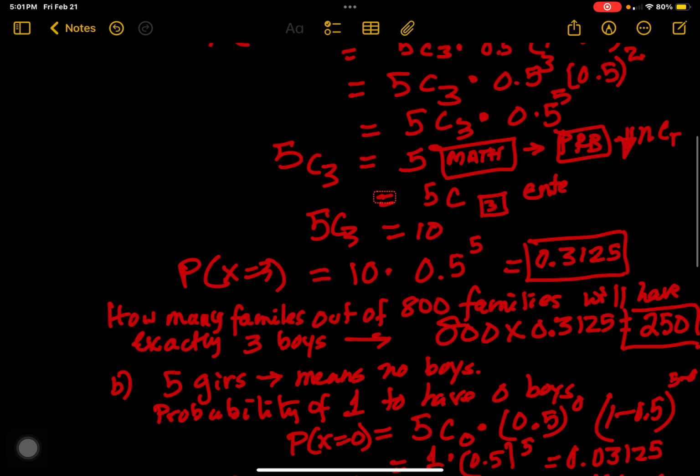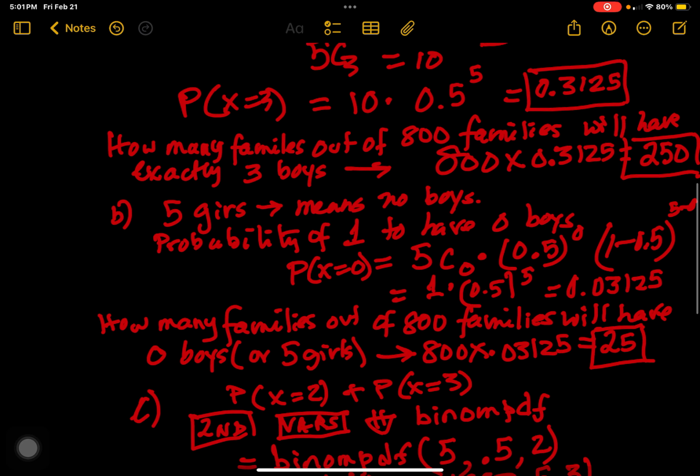Okay, so probability came out to be 0.3125. That is the probability for one family to have 3 boys out of 5 children. So how many families out of 800 families will have exactly 3 boys? So you take the probability of one family and multiply it by 800. It's 250.